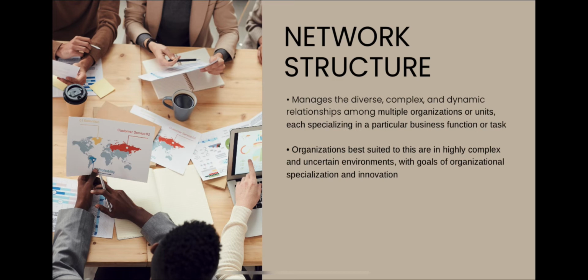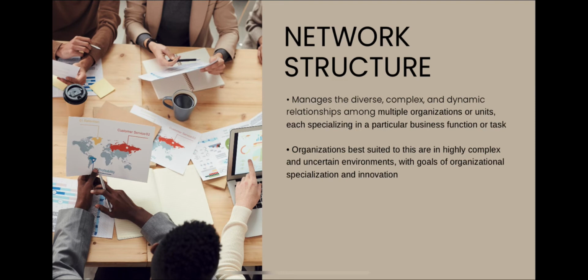It is suited to highly complex and uncertain environments with goals of organizational specialization and innovation. For example, companies such as Apple Computer and Nike have implemented the vertical market and intermarket network structure.